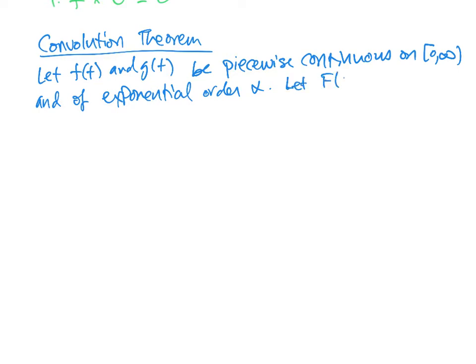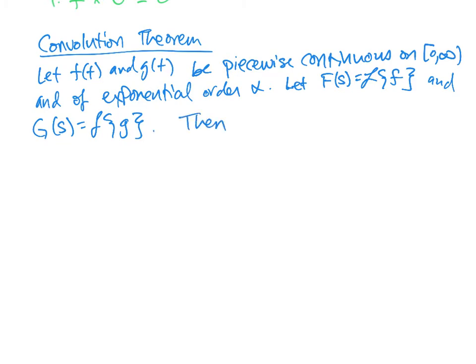So we'll let big F of s be the Laplace transform of little f. And similarly for g, big G is the Laplace transform of little g. Then the Laplace transform of the convolution equals the product of the Laplace transforms.